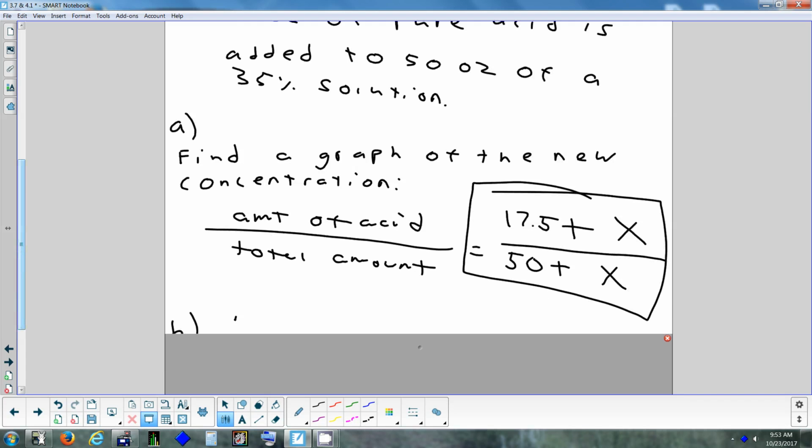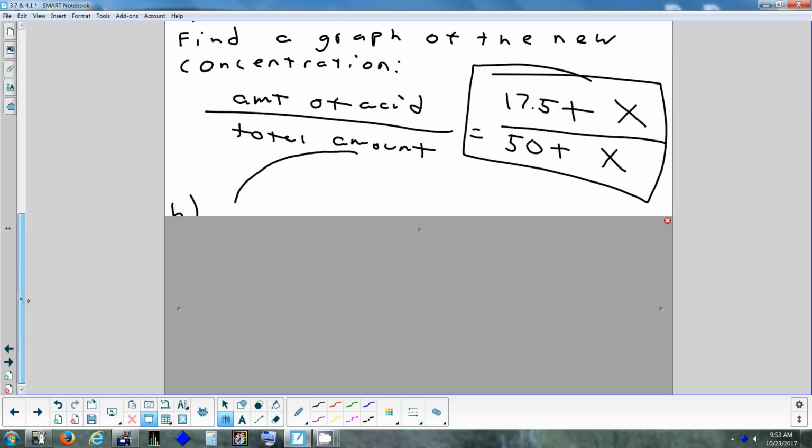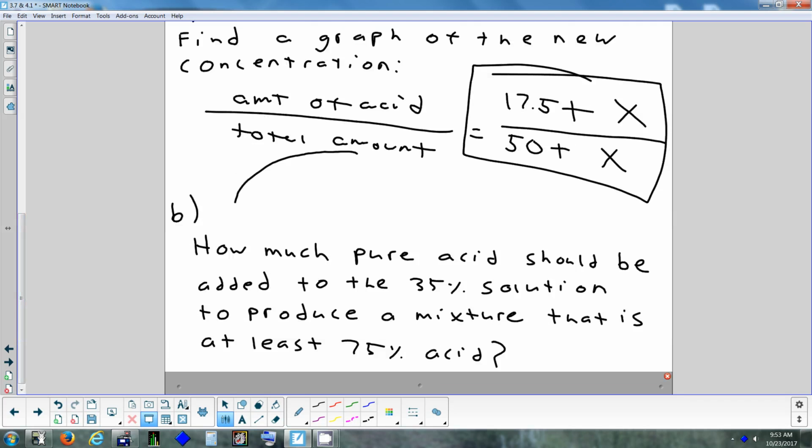It'll look something like this. You can start to add acid, and it's going to make the concentration higher and higher, but it will never reach 1, because 1 would be 100% as a decimal. The last part I'll save for you, but the question is, how much acid do you have to add to make it a 75% strength?